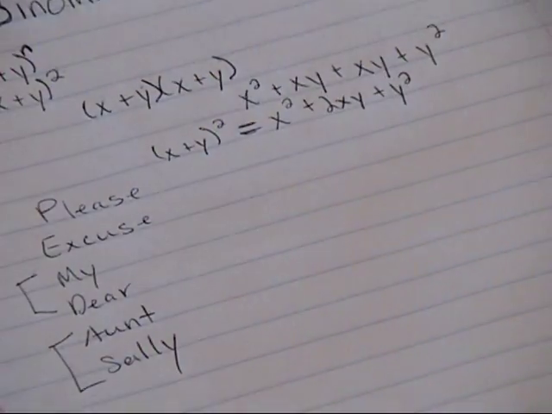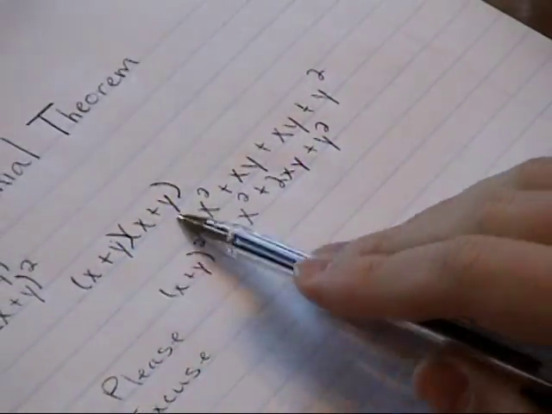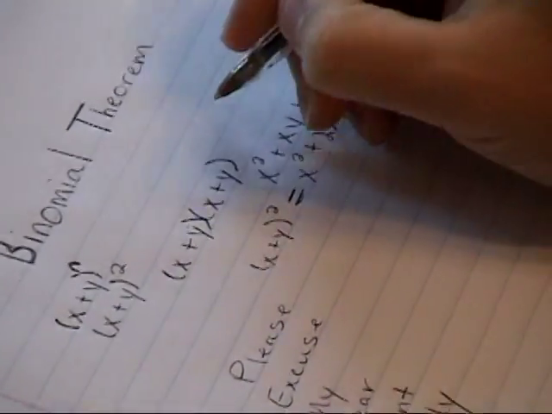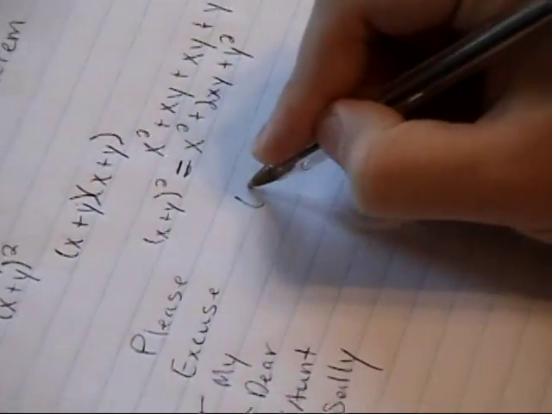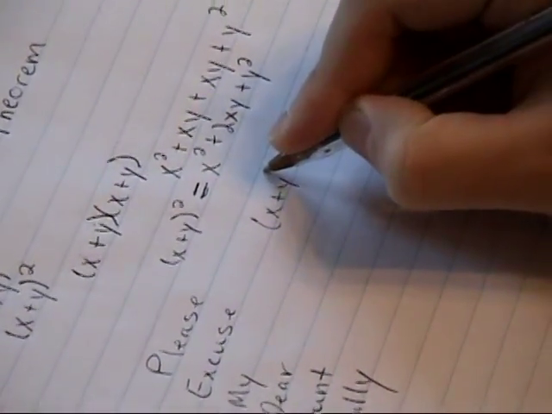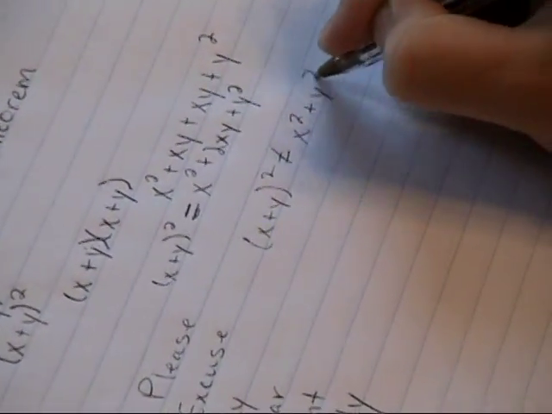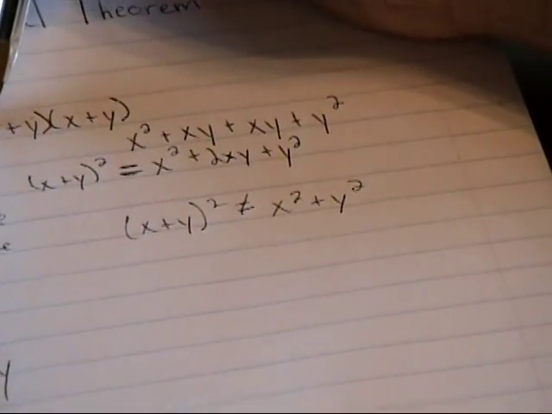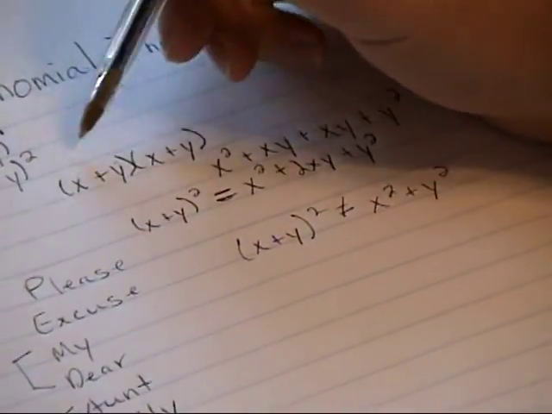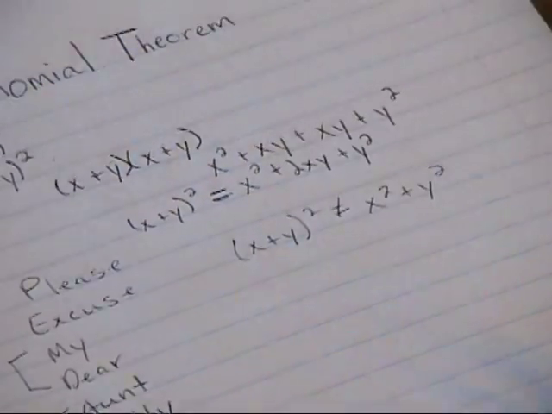But this is sort of different from that. This is when you're multiplying two quantities, you can't just say x plus y quantity squared equals x squared plus y squared. That's mathematically incorrect. You have to write them out, and then you do the first, the outside, the inside, and then the last.